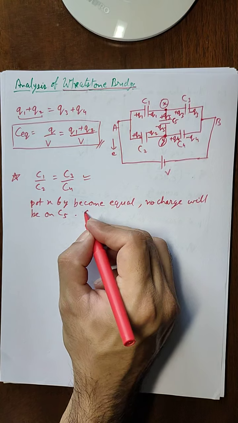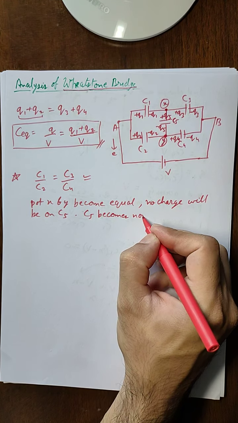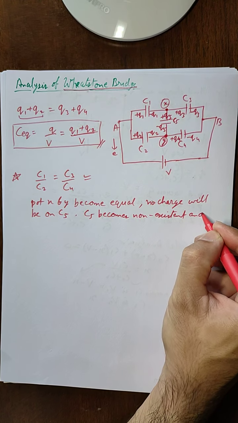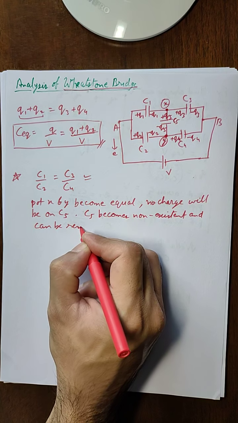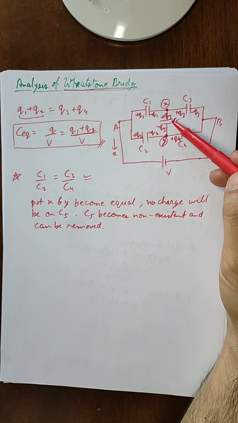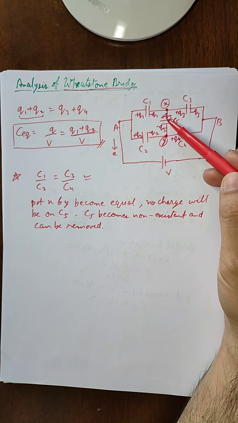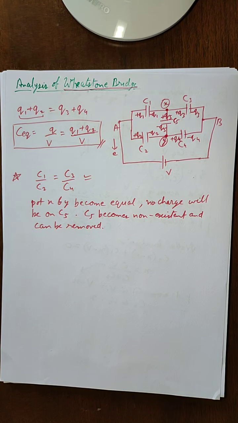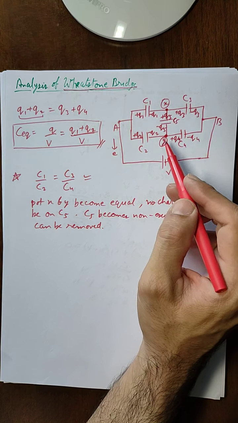So that means the C5 becomes non-existent and can be removed because there is no charge deposited on C5. So that means that there will be no potential difference on C5. So the contribution of C5 in this entire circuit becomes zero and it can be removed without affecting the function of this circuit.